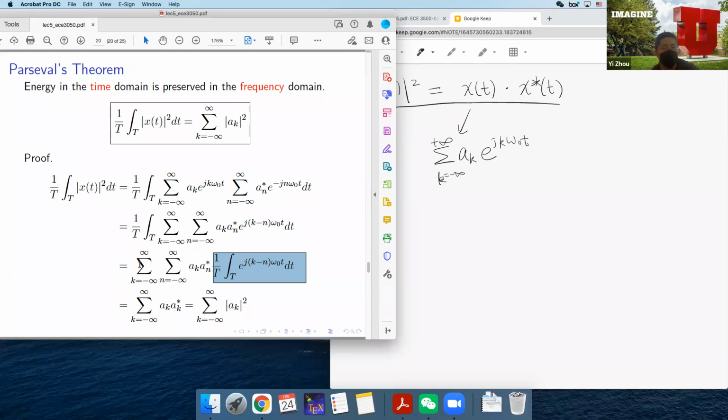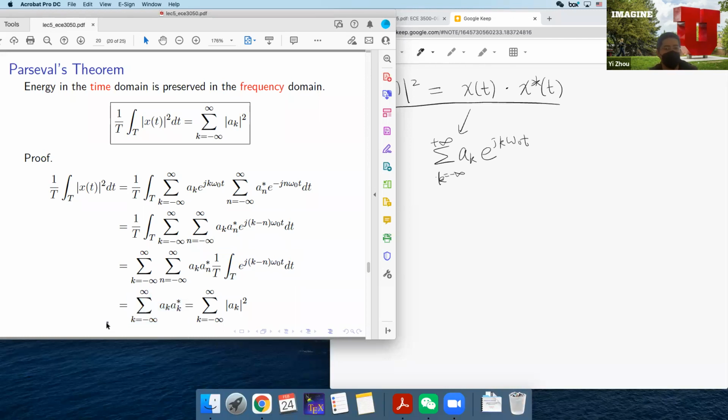So we only need to consider when k equals n, which means we can just use k to represent that instead. When k equals n, a_k a_n conjugate becomes a_k a_k conjugate, and in that case this integration is the indicator 1. So in the end, we reduce the double summation into a single summation.